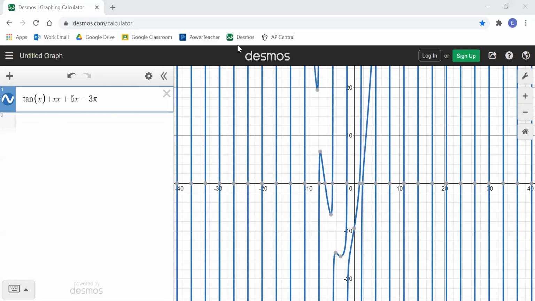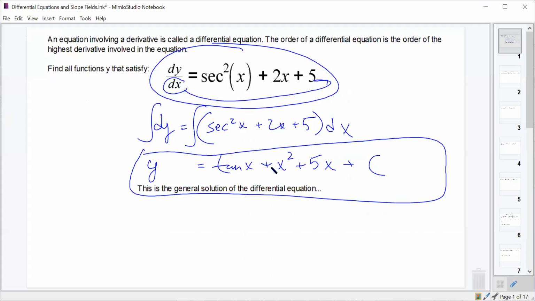So we could have some extra restrictions on our differential equations, saying that our function needs to go through a certain point. Okay? And so that would restrict the constant to only one specific value. That makes sense?